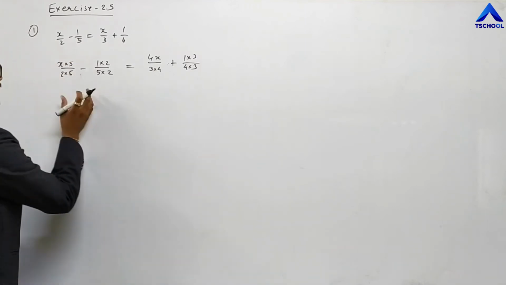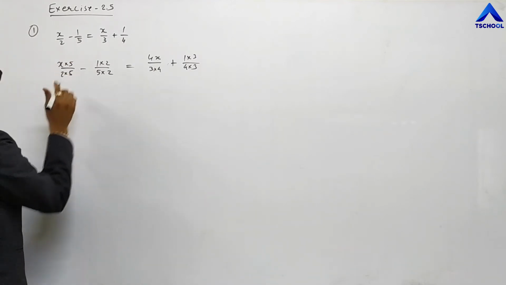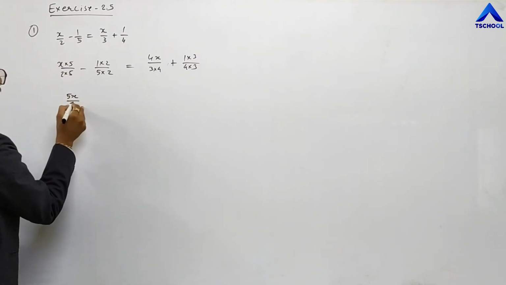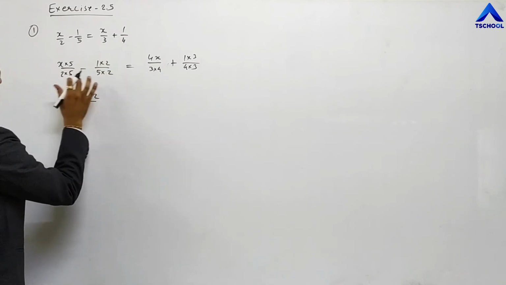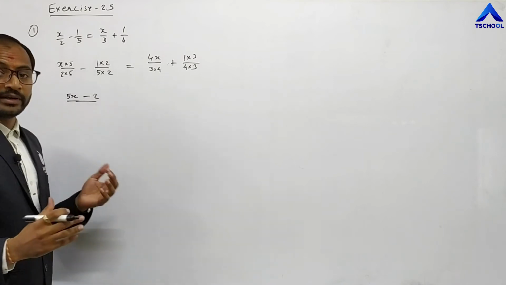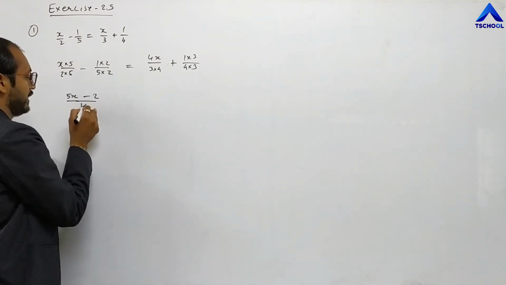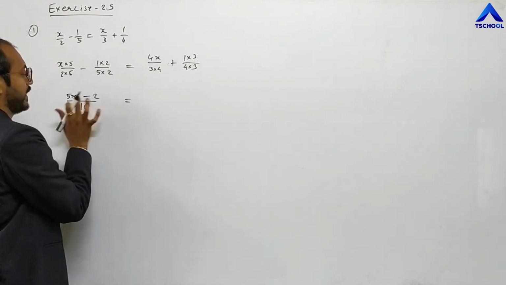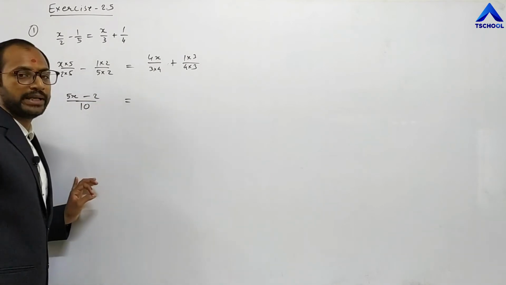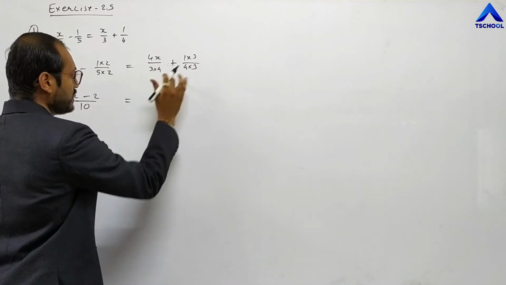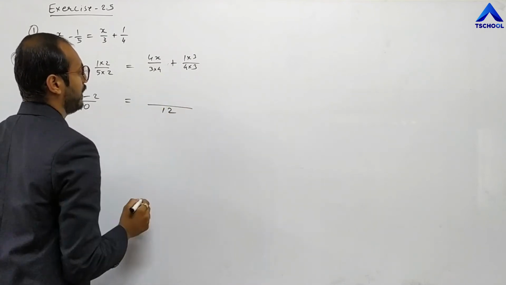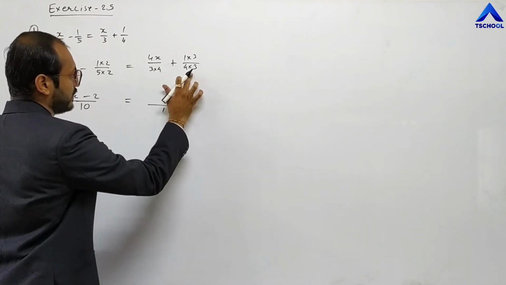Now, let us simplify this. Here is 5x minus 2 ones are 2, divided by 5 2s are 10. The denominator is equal, so I can take it common. So 5x minus 2 divided by 10. Again here, similarly, the denominator is 12 here and here.